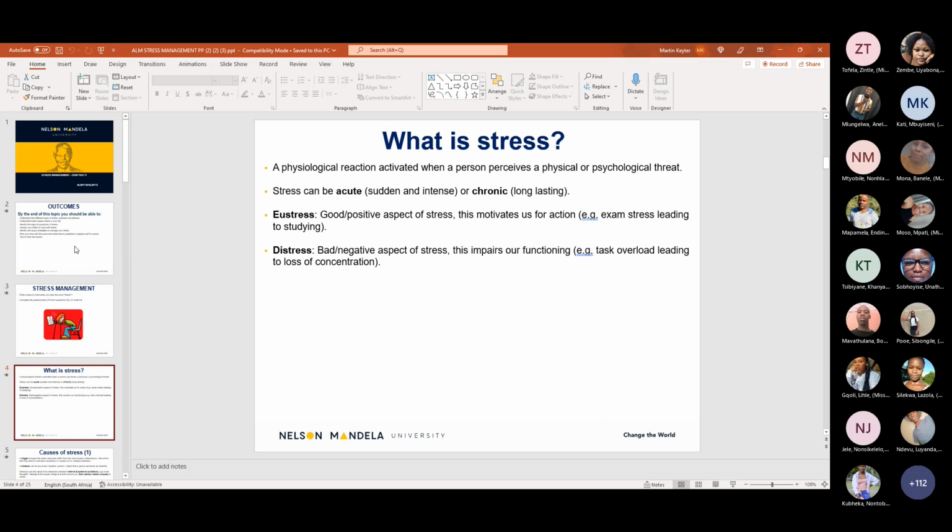That will create a physical stress, because why do you perceive the stress? You don't necessarily have the physical strength to fend off an attack. The same is, as most probably you all know, about the baboons on campus.